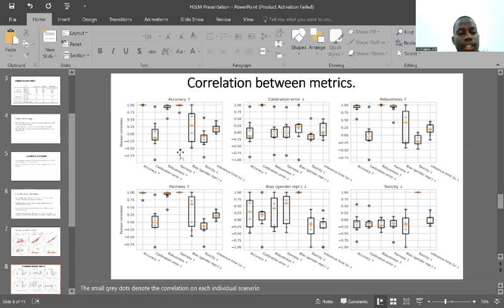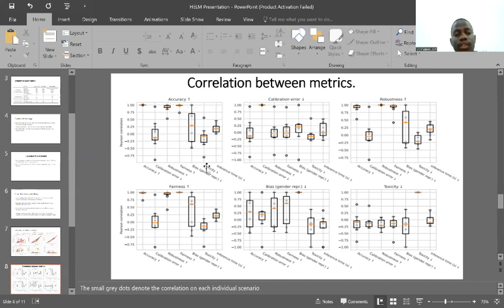So we can see accuracy and fairness have a very high correlation, which is also at 1. Then bias is very low, just above 0.25. So we need our model to be less biased. When the model has a lower bias value, it means that the model is functioning properly.